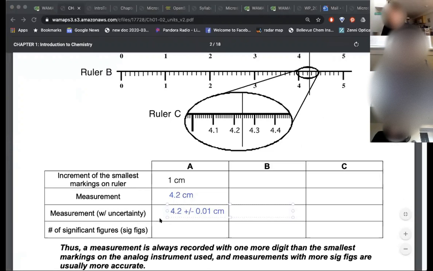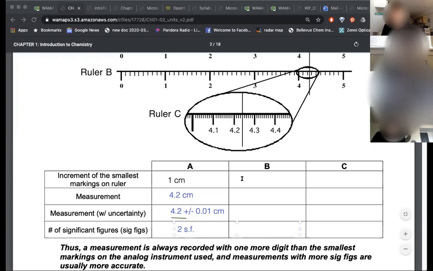So now I've included that uncertainty. And then we're going to look at the number of digits here. Right, so just how many digits are significant is 2. And I often call them SF, significant figures, or sig figs.